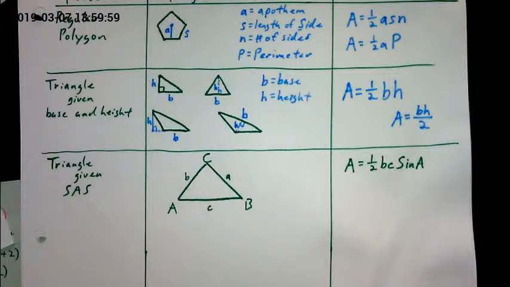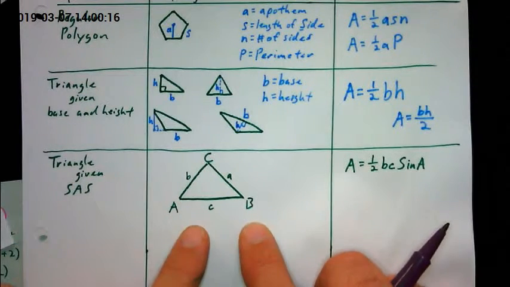Now, there are a couple of other ways that you can write this one. So I'm going to write out the other two ways. If you don't want to write the other two, that's fine. But depending on which angle they give us, you could rearrange these letters.